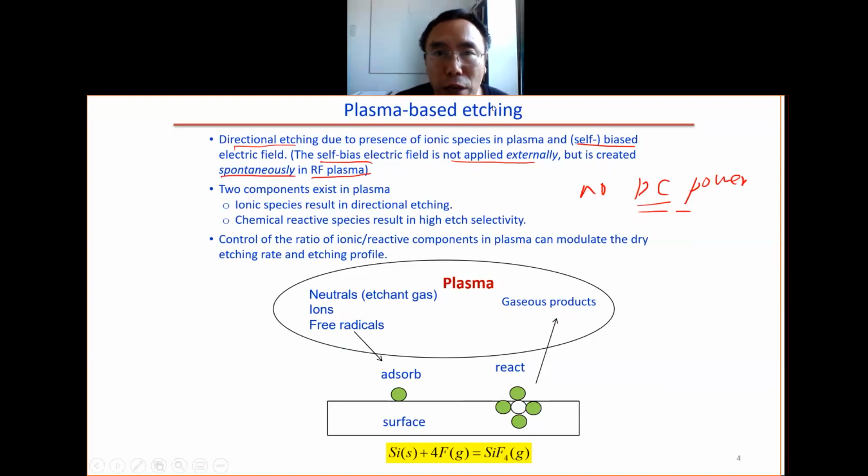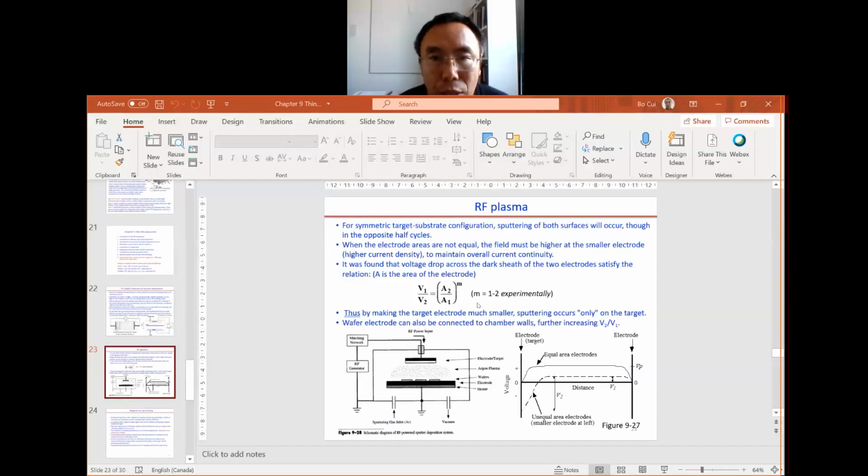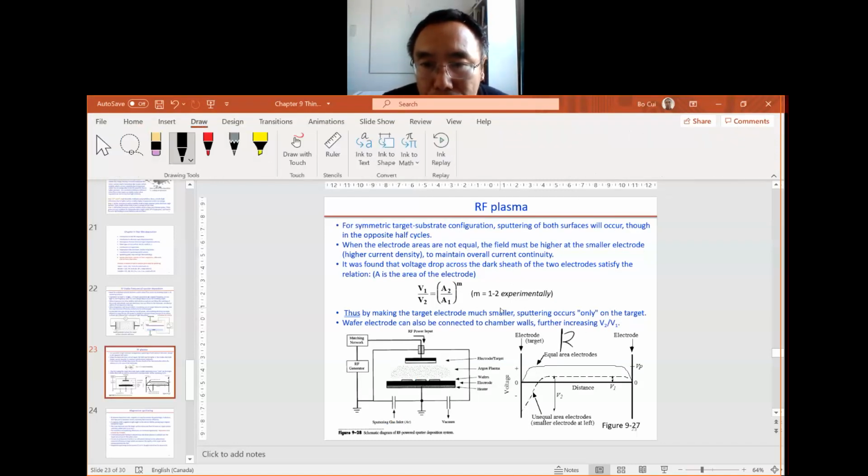So now, if you remember, we can look at this again. This one is from the thin film deposition sputtering process, as you can see here. There is only RF power, no DC power, but we can have a very large voltage drop. Even with only RF power, no DC voltage, the RF is AC.